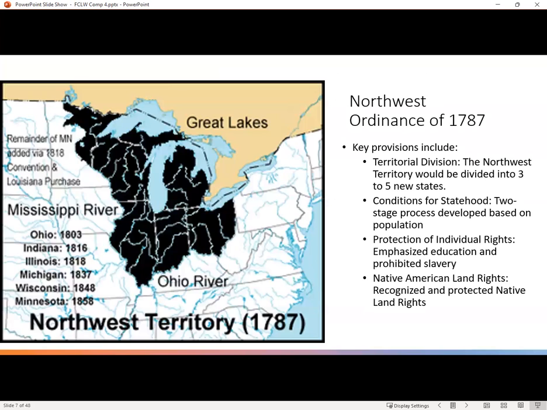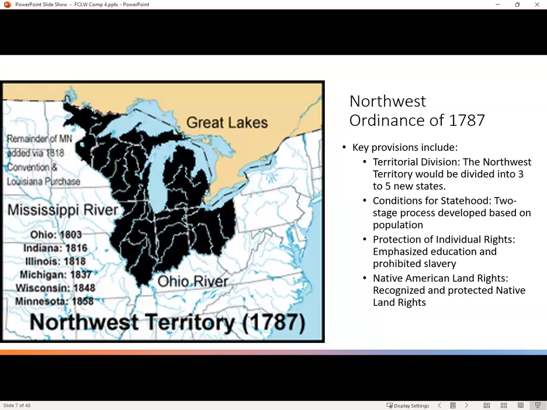So the first one, the Northwest Ordinance of 1787, had 3 to 5 states that would be allowed to join in this area. And it laid out the conditions for statehood based on population. It emphasized education, and what made it most powerful, it actually prohibited slavery.